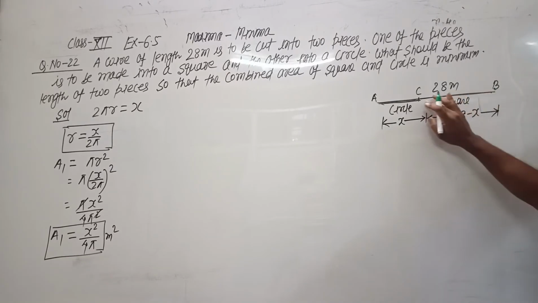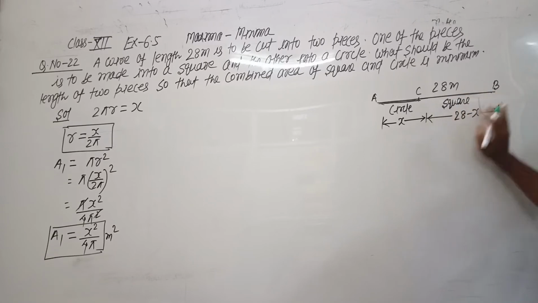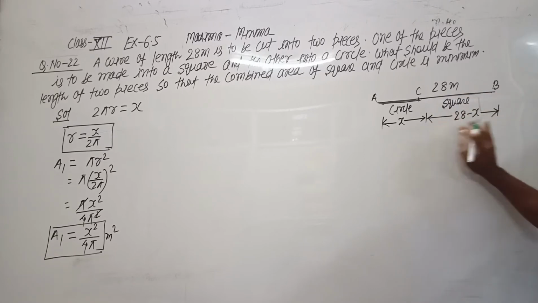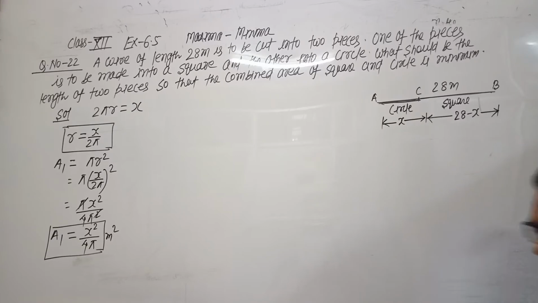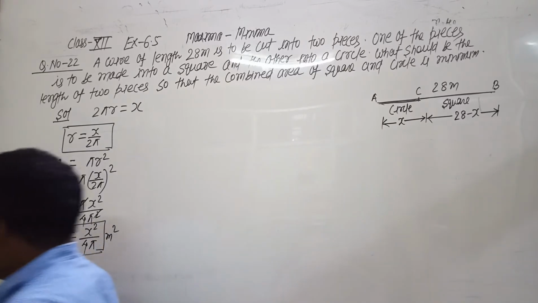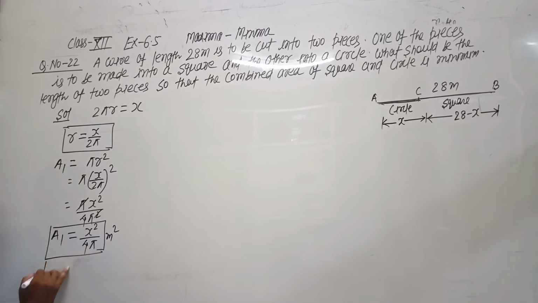Now from the portion of the length BC, which is 28 minus x, a square is formed. So the perimeter of the square must equal 28 minus x.